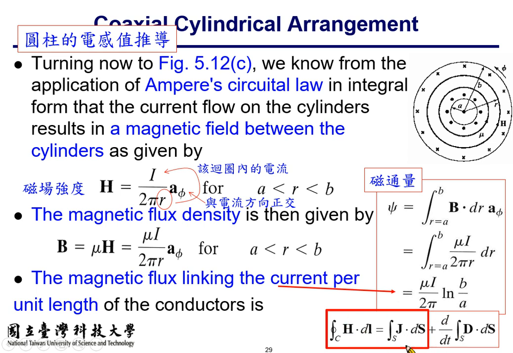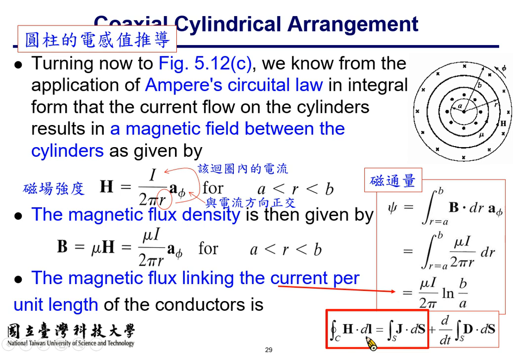So in this equation, you see the closed loop integral of magnetic field intensity equals the amount of current encircled by this closed path. Suppose we draw a random closed loop like this, and we have currents emanating from the surface encircled by this yellow loop.